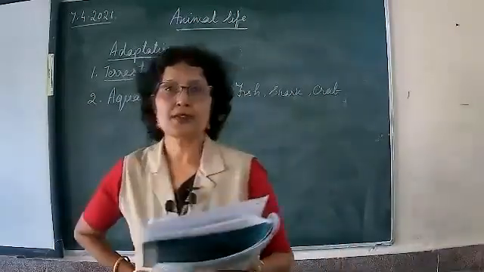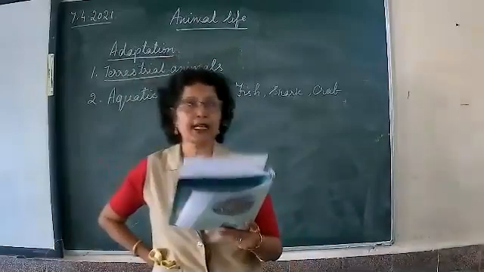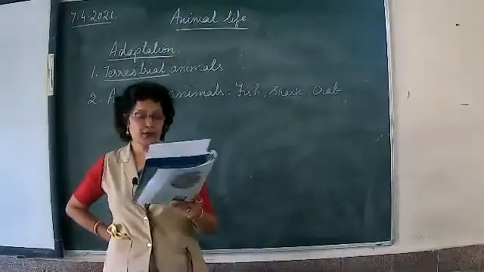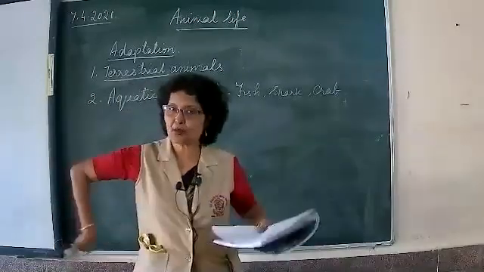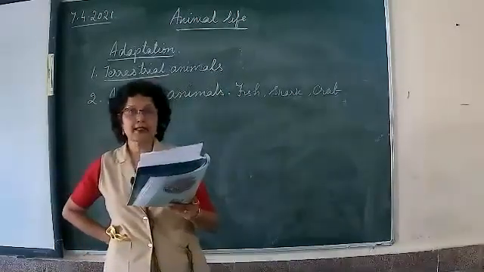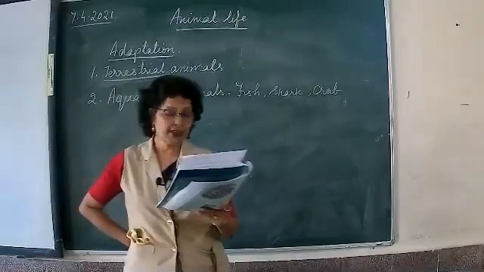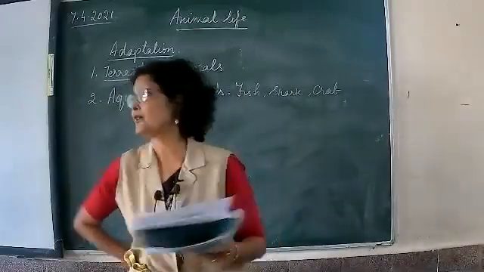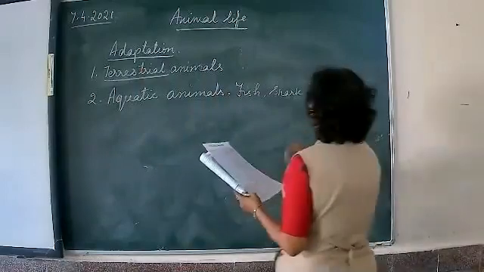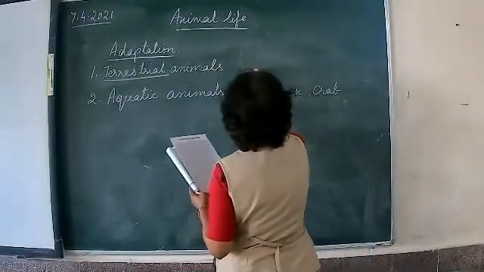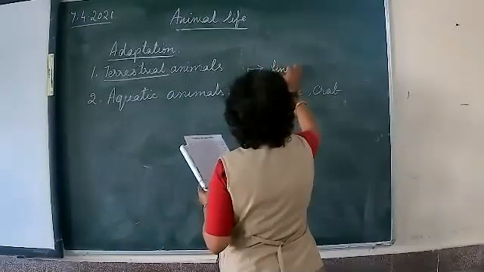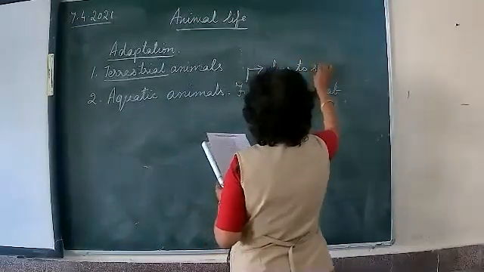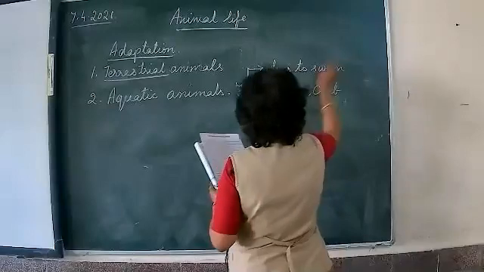Now fish have fins to swim. Turtles have paddle-like legs to push water back. Turtles you have seen, they've got paddle-like legs. They push the water behind as they swim. Fish also have gills to breathe. Fish have got fins to swim and gills to breathe.